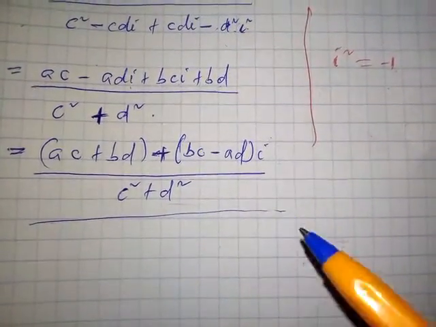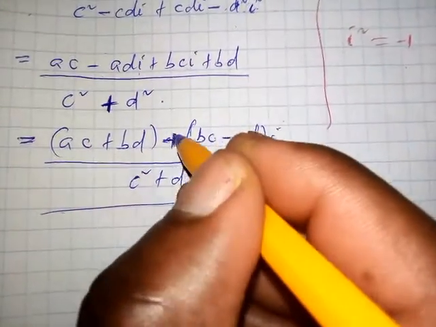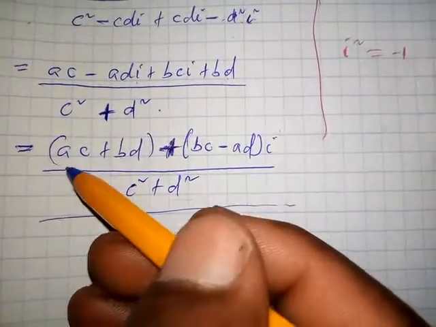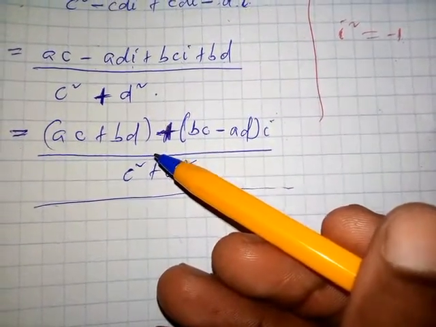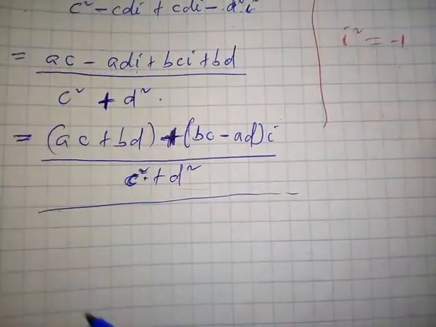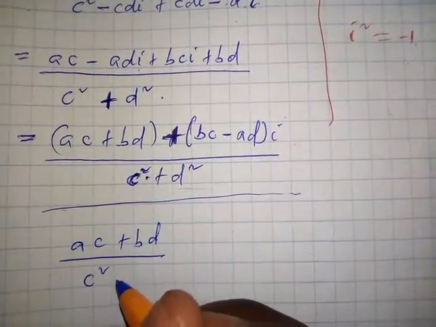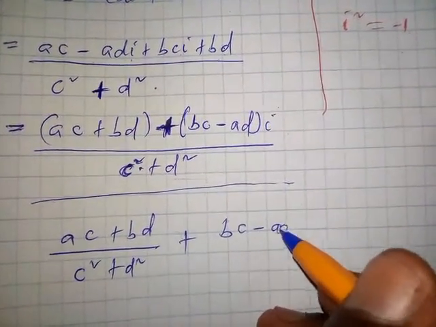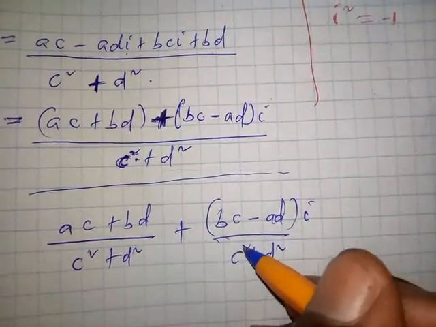This can be your final answer, or you can separate the numerator into the imaginary part and the real part, and each of them you divide by the denominator, which is common. So ac plus bd over c squared plus d squared, plus bc minus ad, i, over c squared plus d squared.